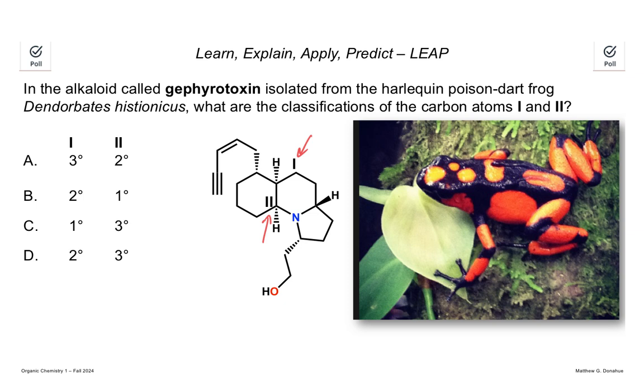And then carbon 2. Tertiary. Even though carbon 2 is bonded to that nitrogen, the nitrogen's not a hydrogen. So we're going to say tertiary. So this would get us D.